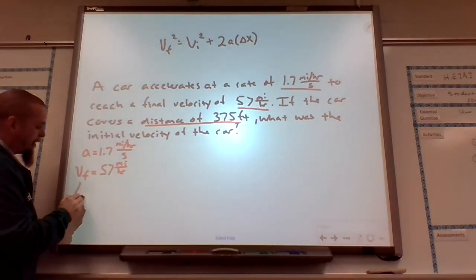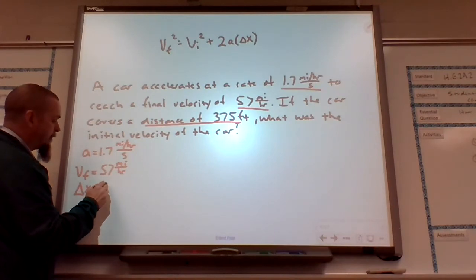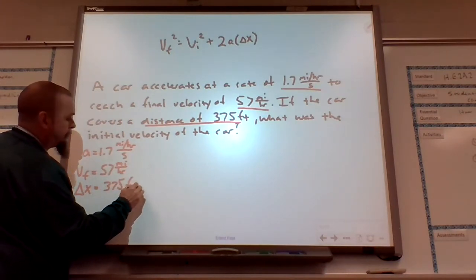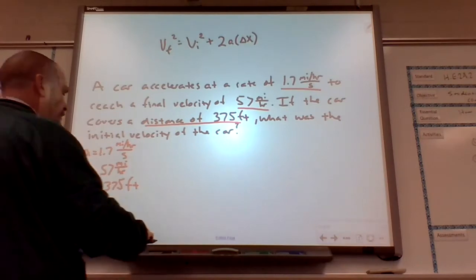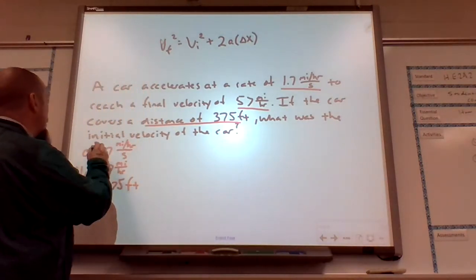That's delta x. And again, we're using distance and displacement as the same thing here because this is just linear motion. And hopefully, I've chosen my random number as well. And we're moving in a single direction here. We're trying to find the initial velocity.